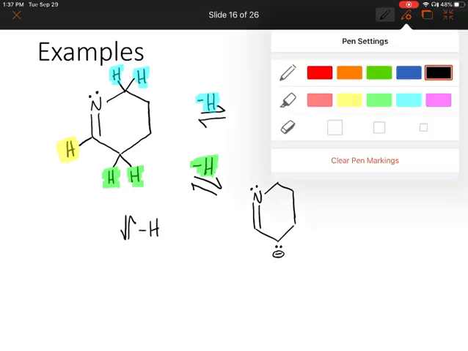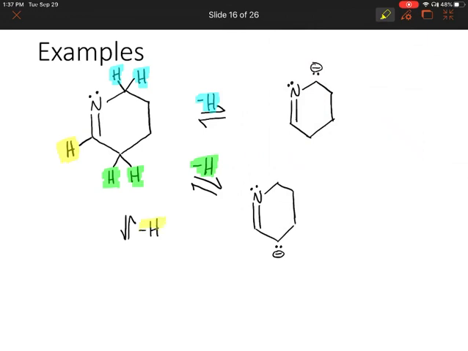And then what happens if we lose the yellow hydrogen? In that instance, we will leave a lone pair on the double bonded carbon, and it will be negatively charged.